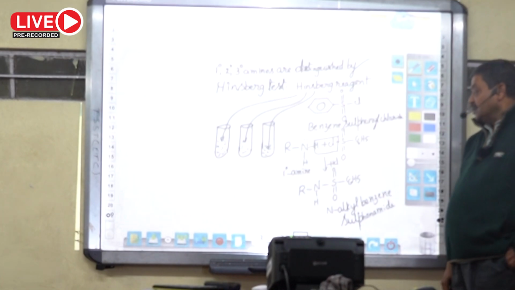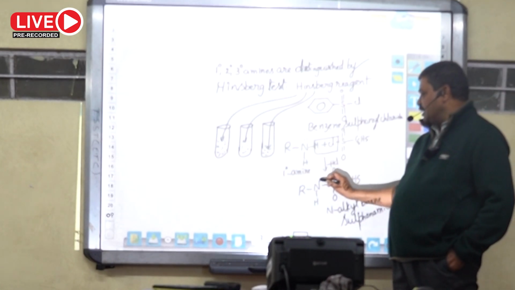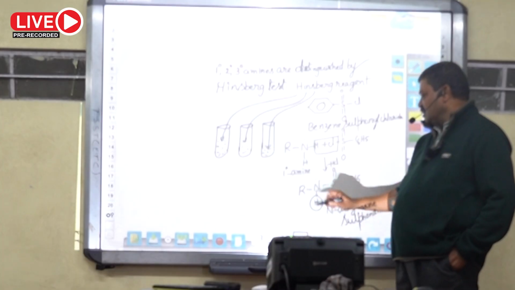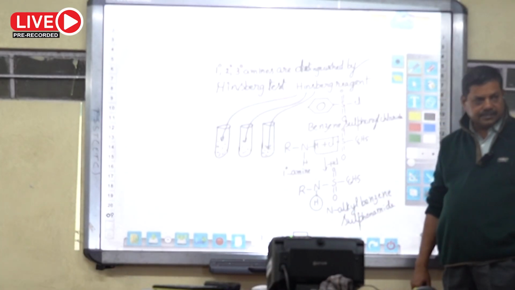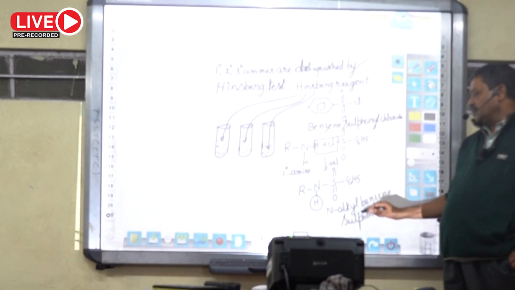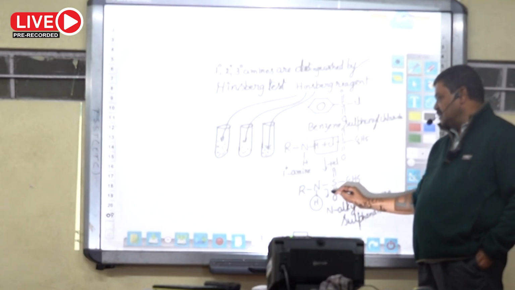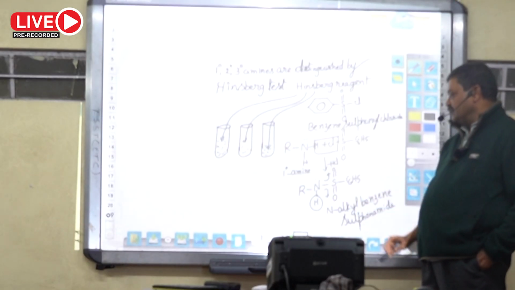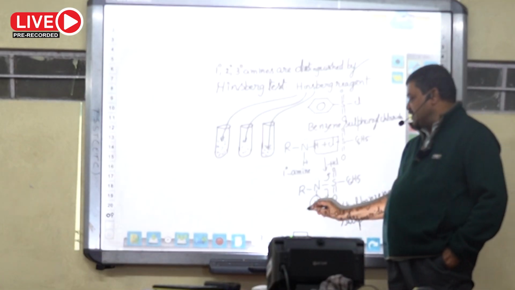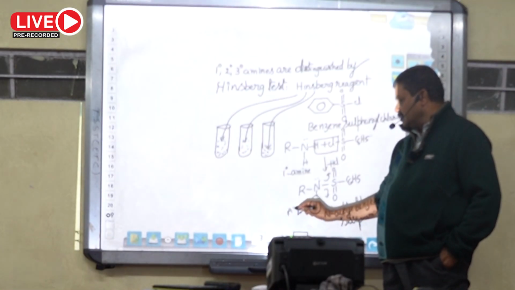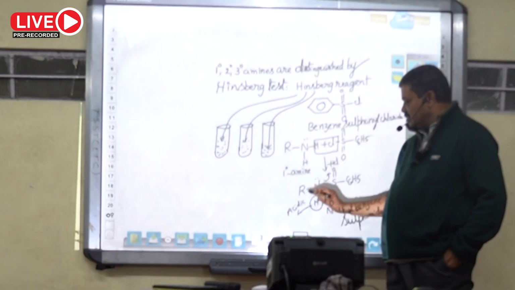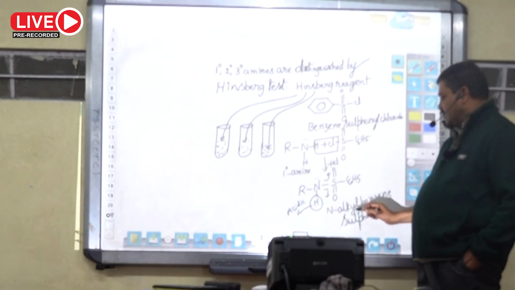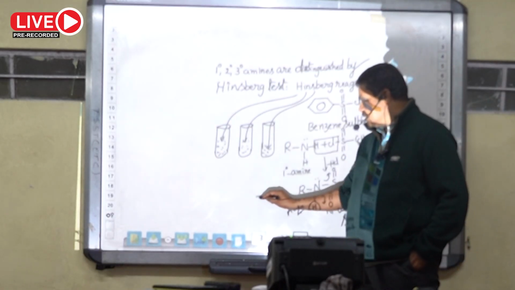Actually, this H present on N, due to electron withdrawing oxygens, this H becomes acidic. That's why it will react with a base, alkali.